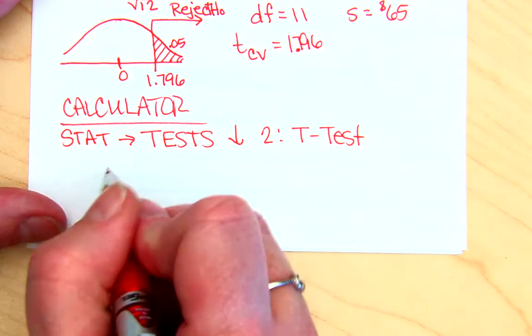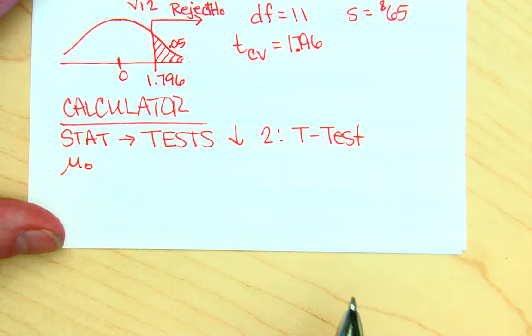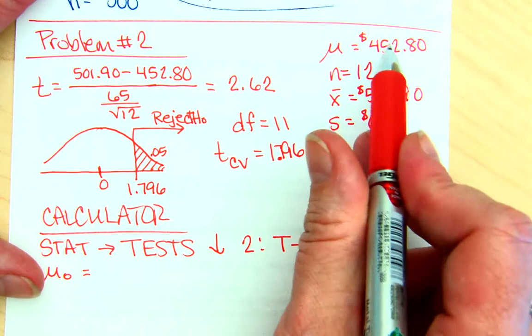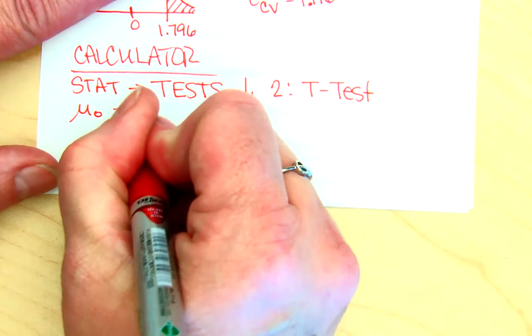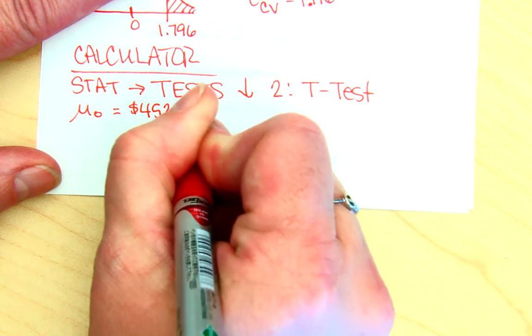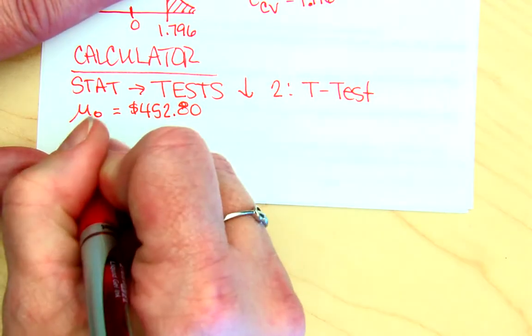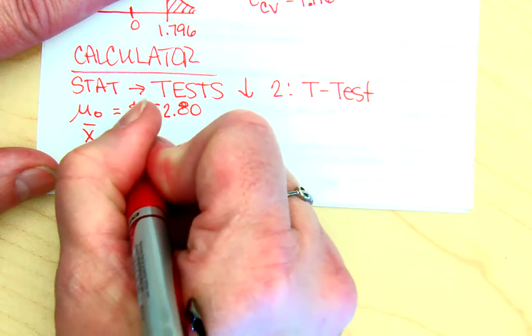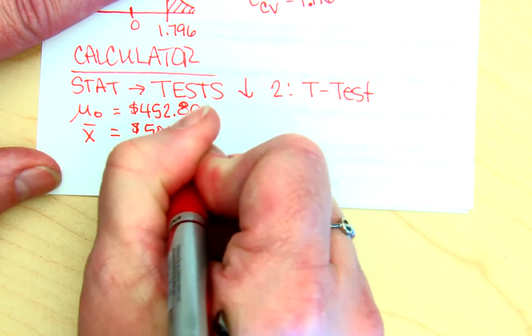So we're going to put this in. Our mu sub 0 is our hypothesized value. It's our value that we use up here as mu. So the $452.80. Our X bar is going to be $501.90.